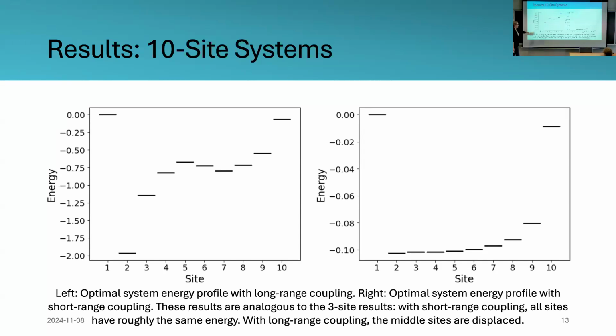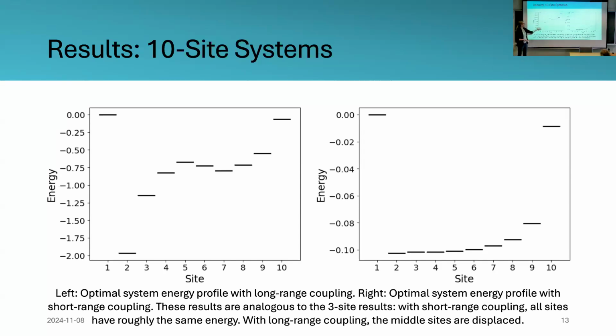With this long-range coupling, we see something analogous to what we just saw, where site 1 and site 10, so the first site and the last site, are near each other in energy, which we expect because we want the exciton to just leak out of the last site and go back to the first site. I think all these intermediate sites are just trying to get out of the way, is the best way we can explain it.